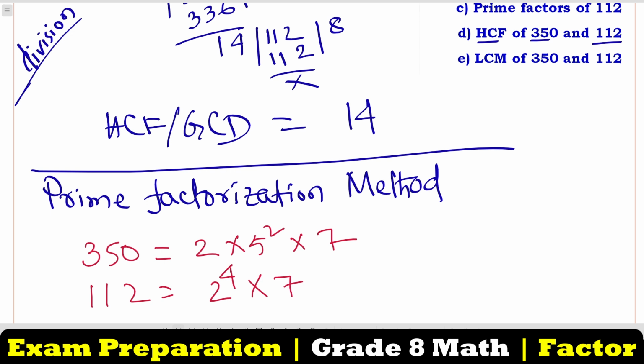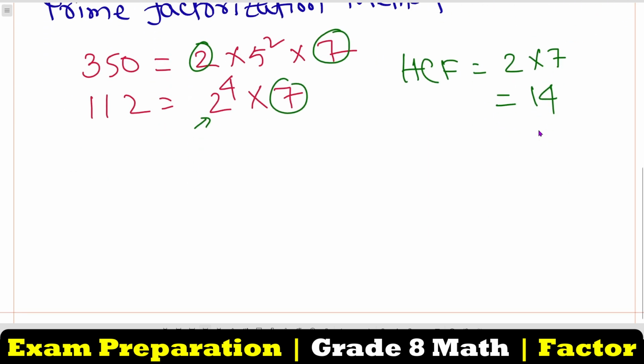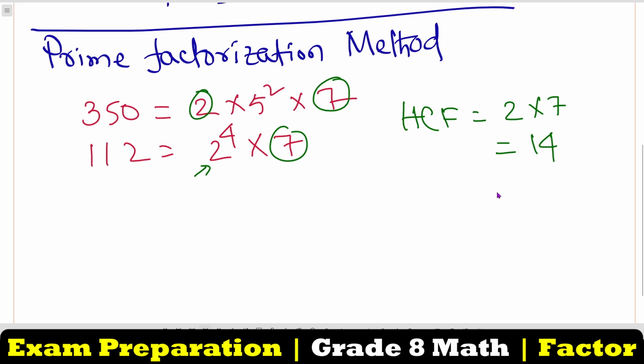Which factors are common? The common factors are 2 and 7. So HCF equals 2 times 7, which is 14.